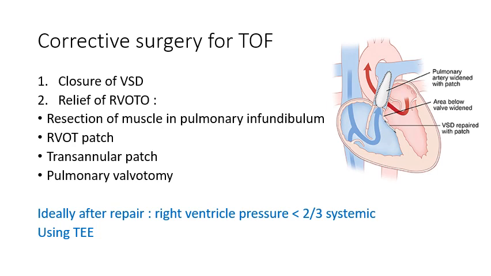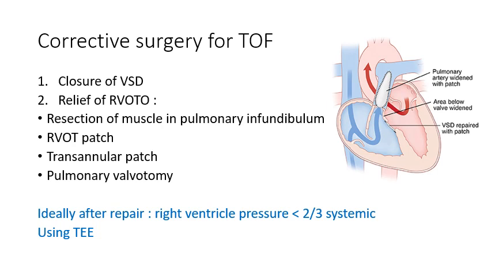Corrective surgery for Fallot consists of closure of the VSD using a pericardial patch via transatrial approach, and relief of the right ventricular outflow tract obstruction, which includes the following approaches according to the level of obstruction: either resection of the muscle bundles in the pulmonary infundibulum, or right ventricular outflow tract patch, or transannular patch, or pulmonary valvotomy.